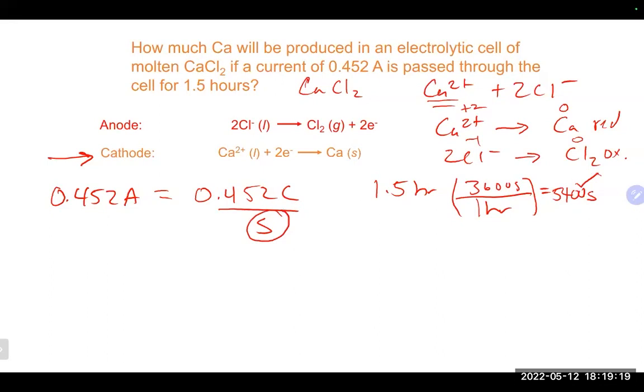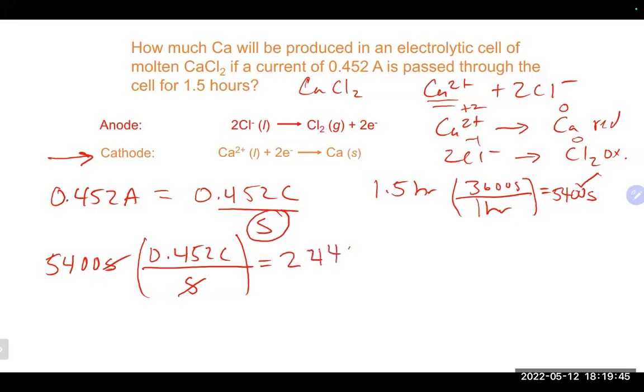I can now take the time I'm going to run the cell times the current at which I was running the cell. So we'll take our 5,400 seconds, which is how long we're running the cell, times the amperage of the cell. The seconds will cancel, and that gets us 0.452 times 5,400, which is 2440.8 coulombs. At this point, we would use Faraday's constant to go from coulombs to moles of electrons.